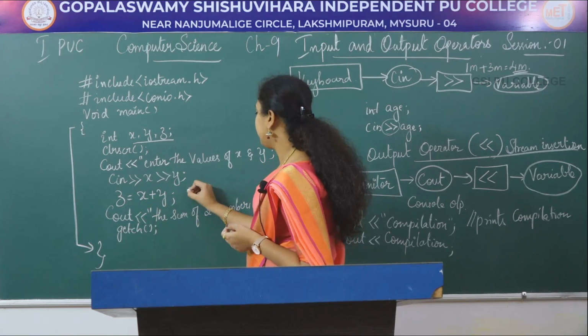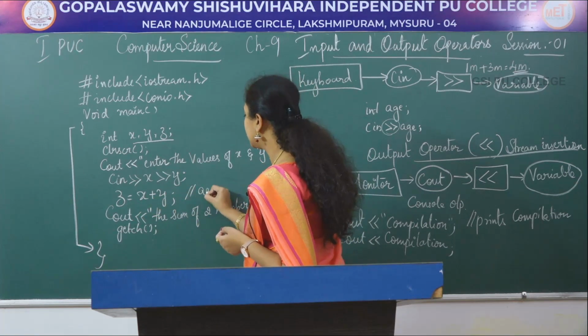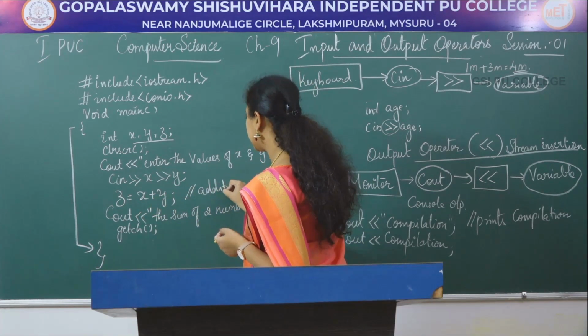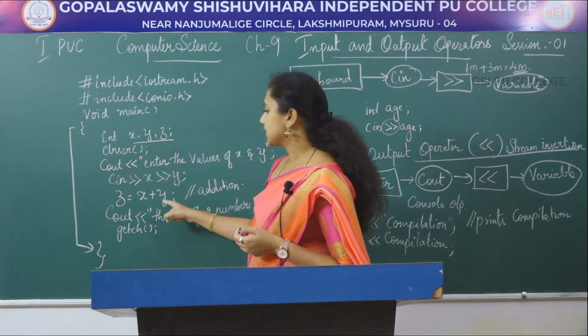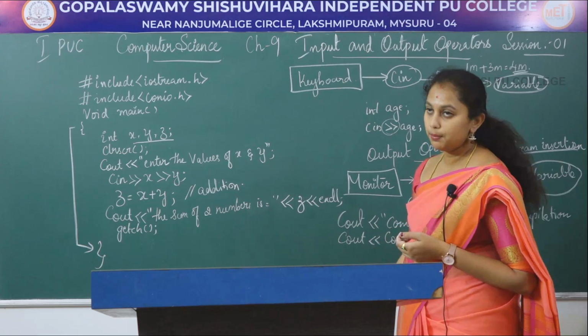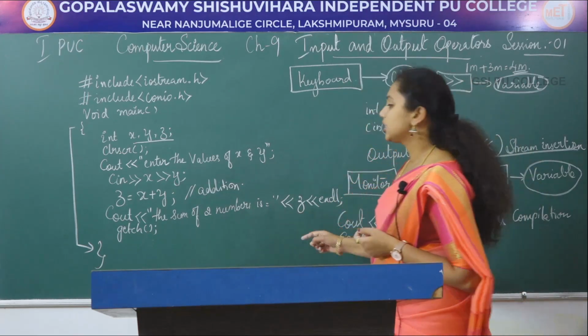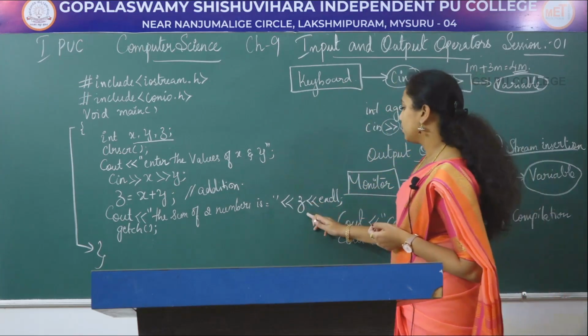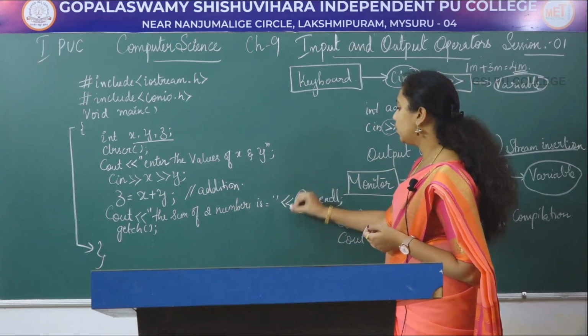So here we are performing the addition operation, z is equal to x plus y. After performing the addition operation, we are printing the sum of two numbers is, and here we are printing the value of z.